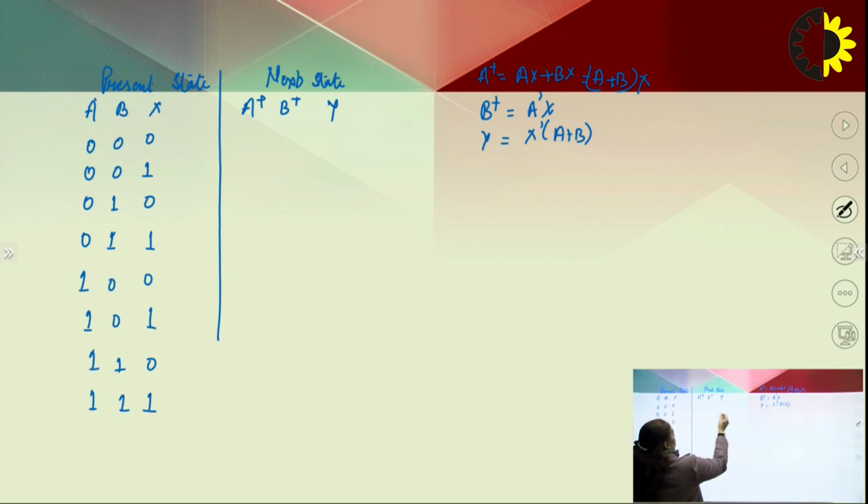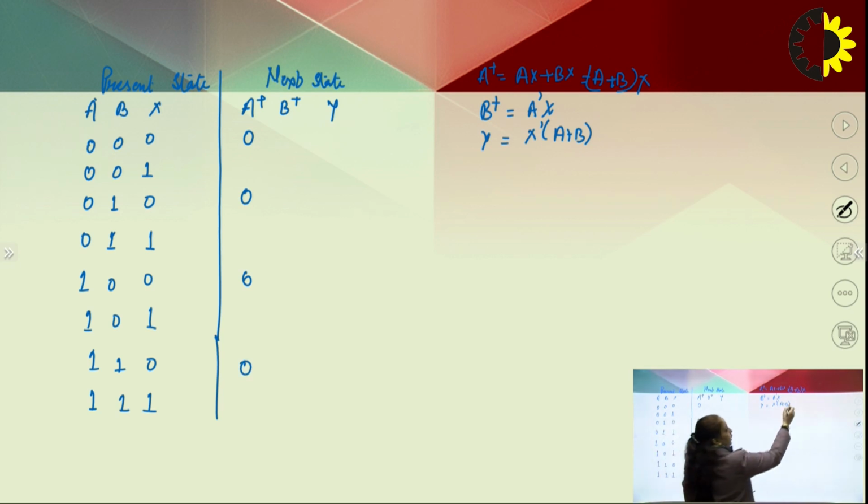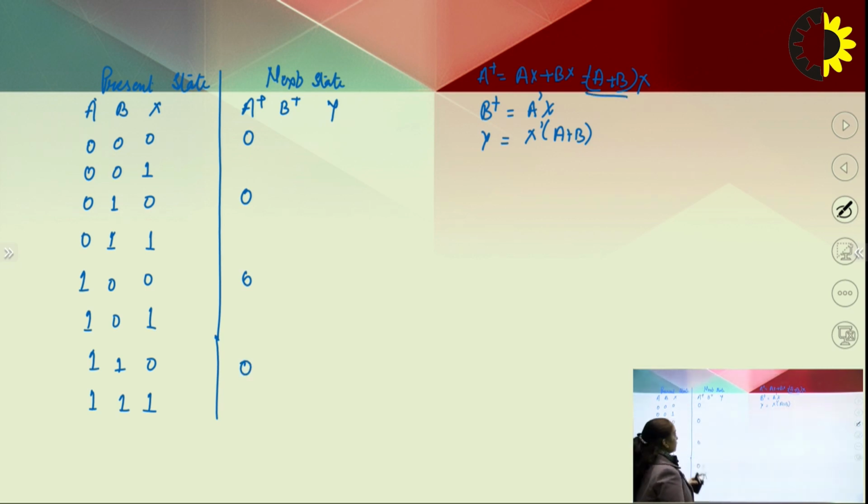So wherever the value of X is 0, the product will be 0. So I am going to write directly 0 0 0 and 0. And where the value of A plus B is 0, at this point, here I am going to have 1 1 and 1, right?